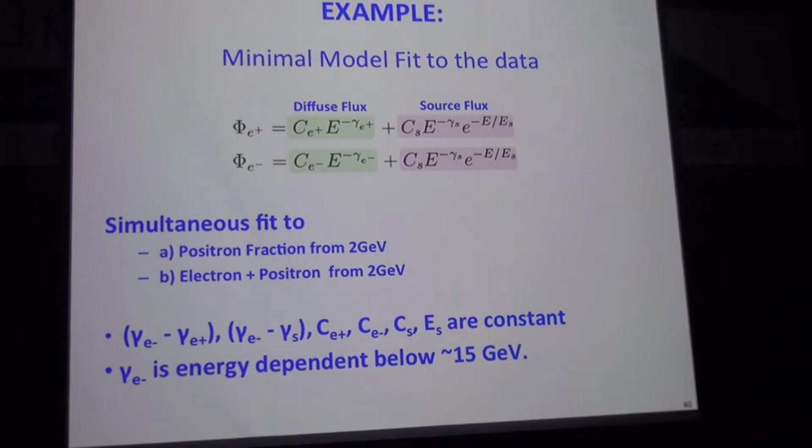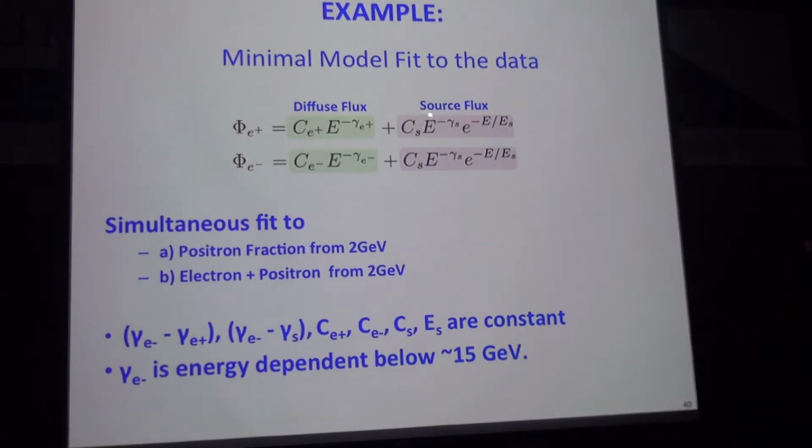So without any particular model in mind, we can fit the data with a very simple model that includes first a power law spectrum from diffuse flux, that is the normal propagation of cosmic rays, and a source flux, which is a power law, but with an exponential cutoff.